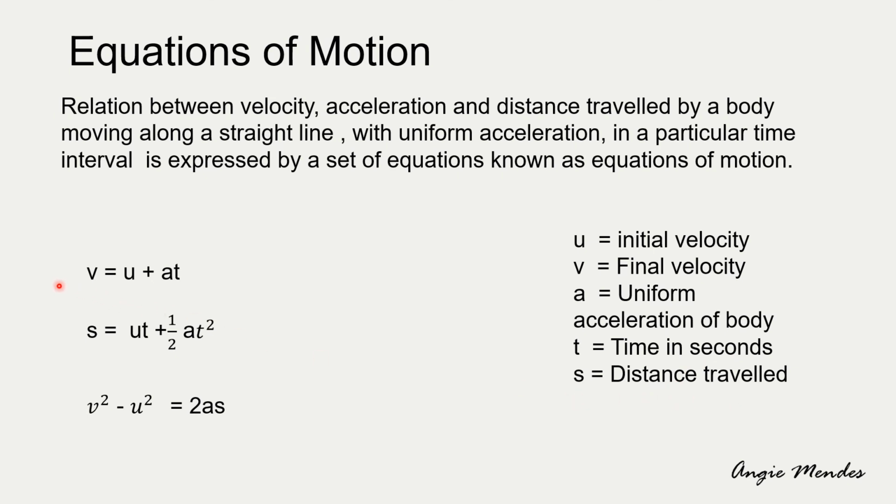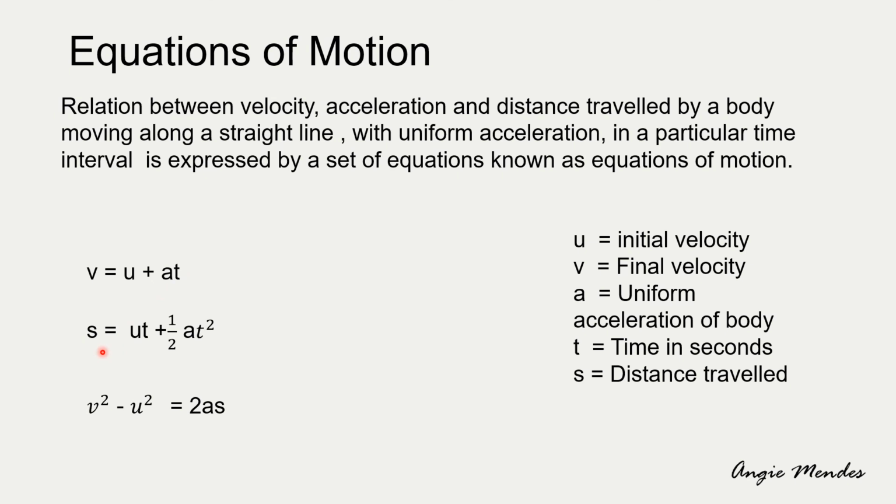So let's look at the first equation of motion. V is equal to U plus AT. So this relationship is between velocity, acceleration, and time. So what is this actually a relationship between? When we say velocity, we have final velocity and initial velocity also here. So it is the final velocity. To find the final velocity, it is the relationship between the initial velocity, final velocity, acceleration, and time.